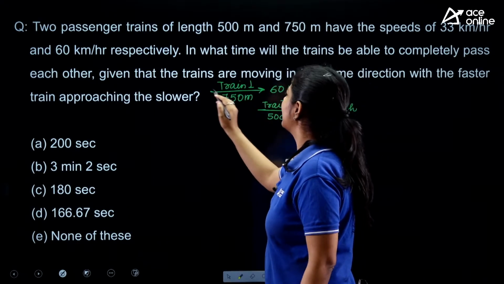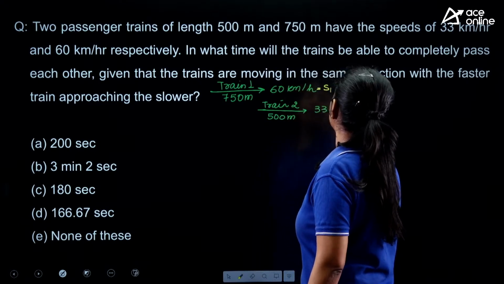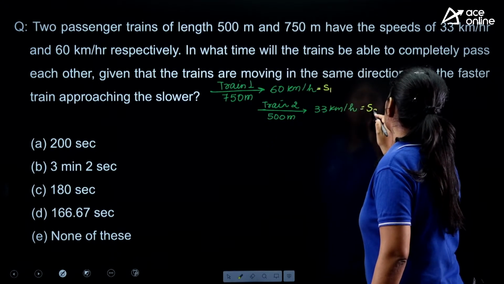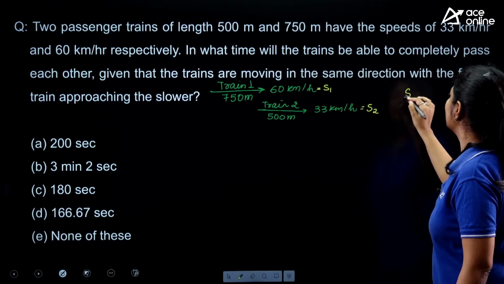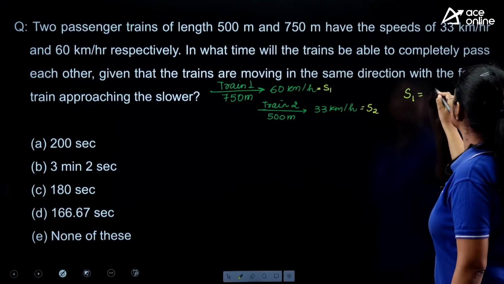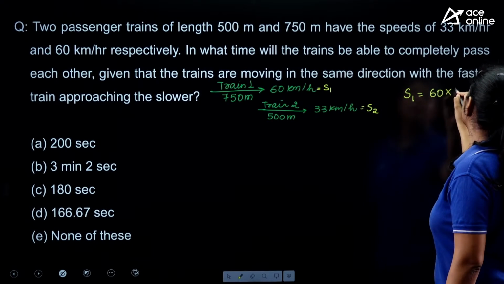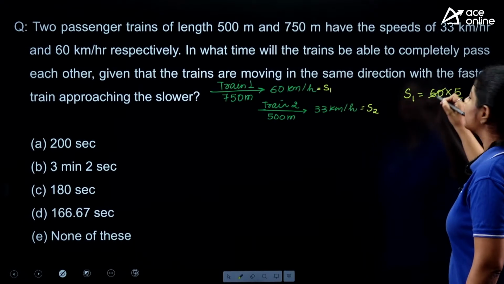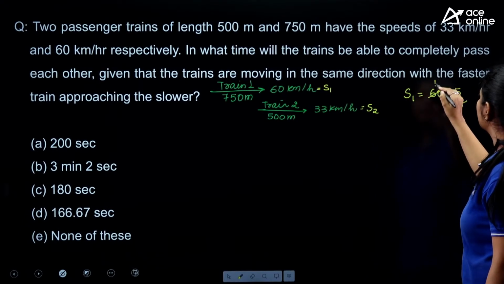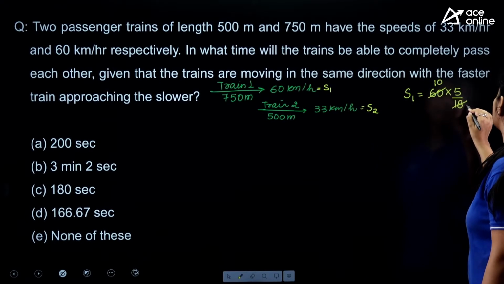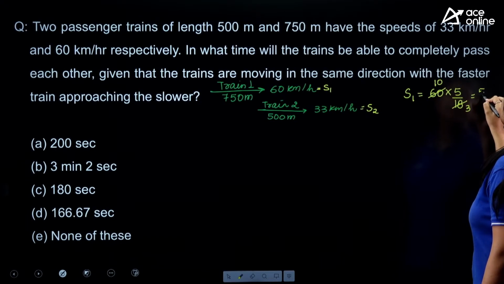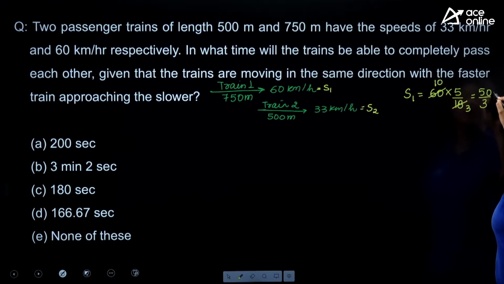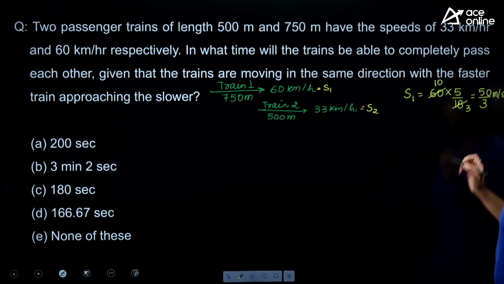If I am saying that this one is S1 and this one is S2, so I can say that S1 in meter per second is 60 into 5 by 18. Here we can eliminate it with the help of 6. So here we got 10 and here we got 3. So this is nothing but 50 by 3 meters per second, right?